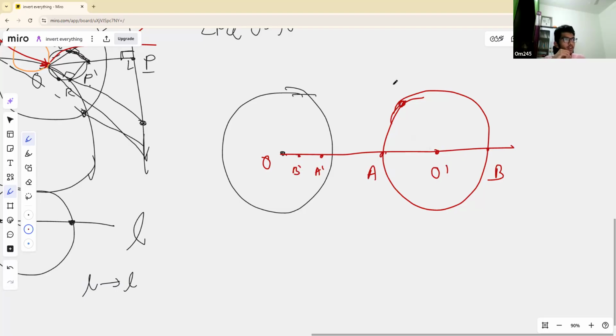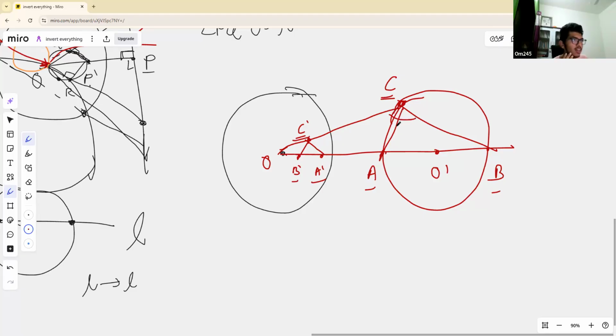And suppose you consider any point C here. Then here we're going to use a very nice thing. If you consider C dash as the image of C, then you can work on some angles. You know that A dash, A, C, C dash are cyclic, and B dash, B, C, C dash are cyclic, again by power of a point and the cyclic condition.